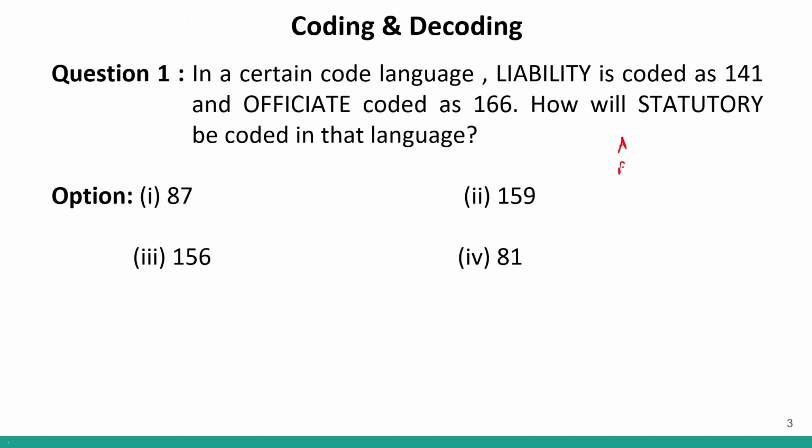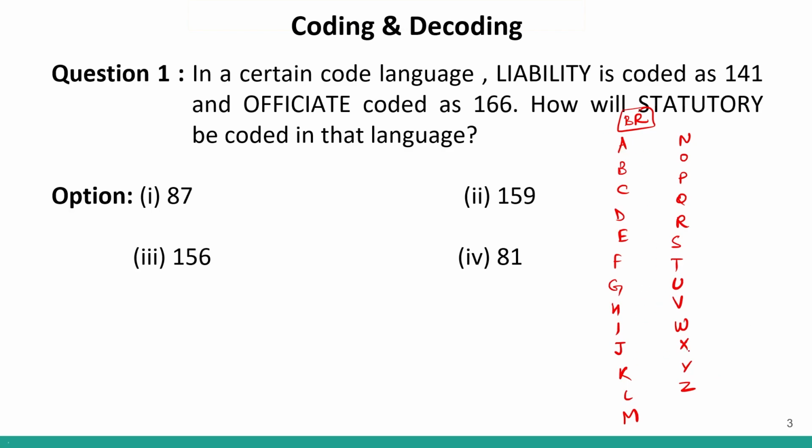So we have A, B, C, D, E, F, G, H, I, J, K, L, M, N, O, P, Q, R, S, T, U, V, W, X, Y, and Z. So backward ranks I'm writing, okay? Backward ranks from Z we will go in an increasing manner.